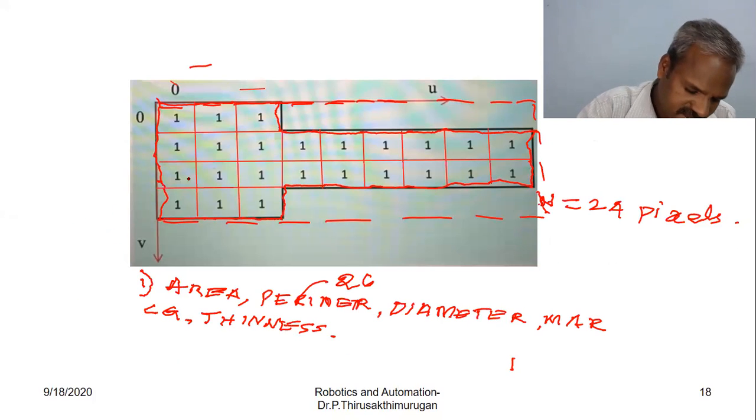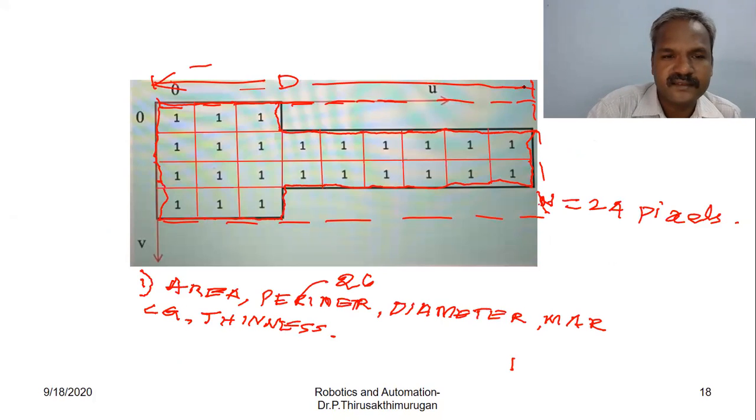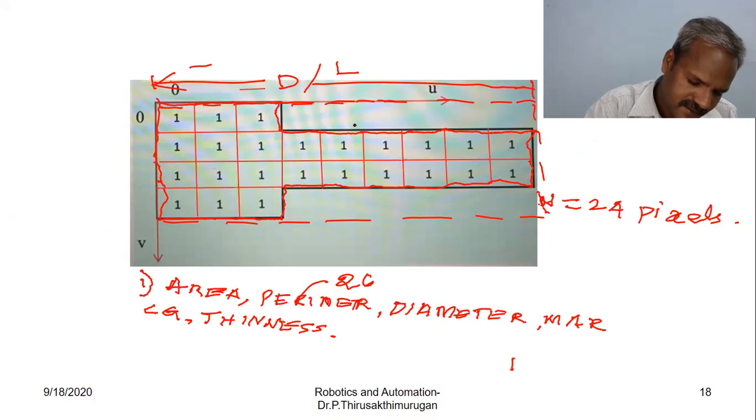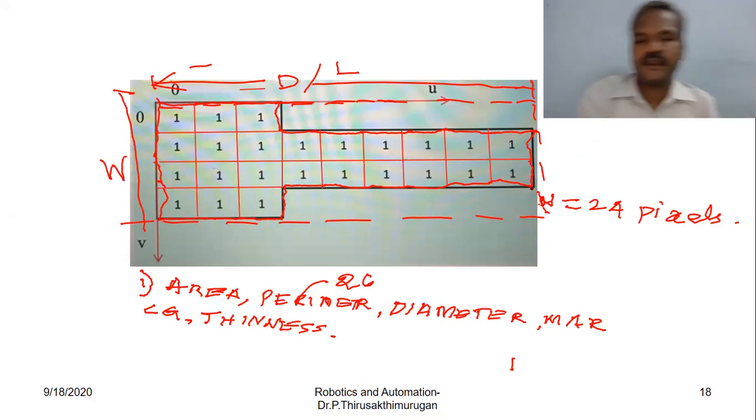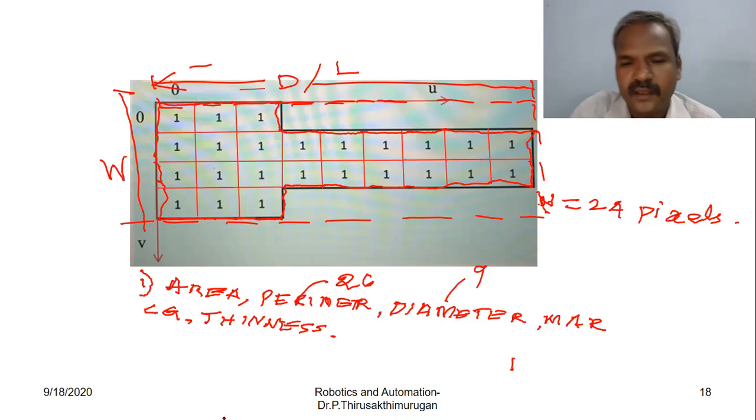In this image, the longest length is the diameter. This is also called length. This is width. So what is the diameter value? How many pixels in the diameter? 1, 2, 3, 4, 5, 6, 7, 8, 9. So diameter is 9.